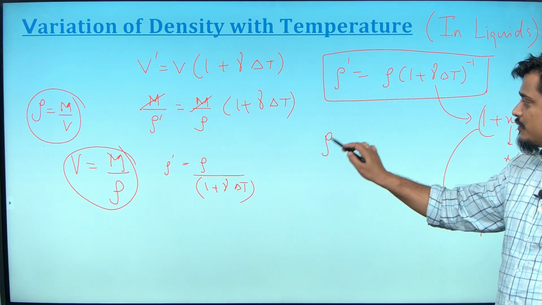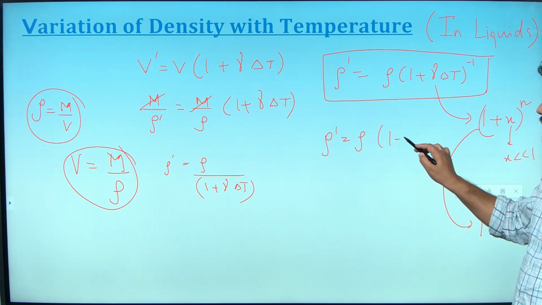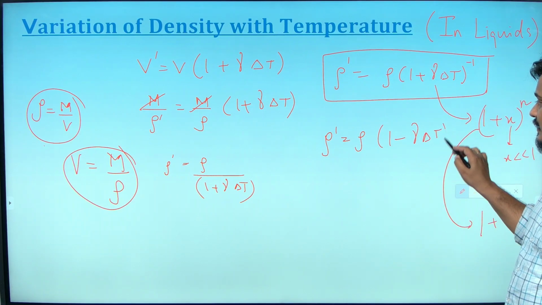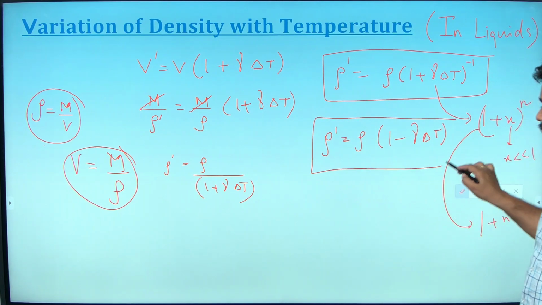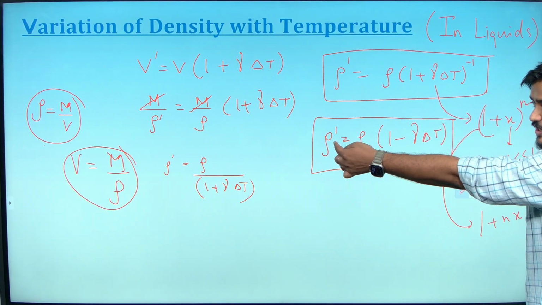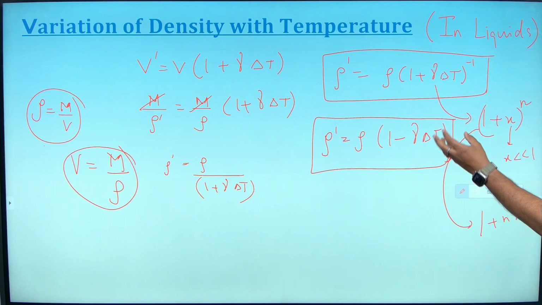So rho dash becomes rho into 1 minus gamma delta T. Are you understanding? Now you can see very clearly that density rho dash becomes rho into 1 minus something. It is a small value only.